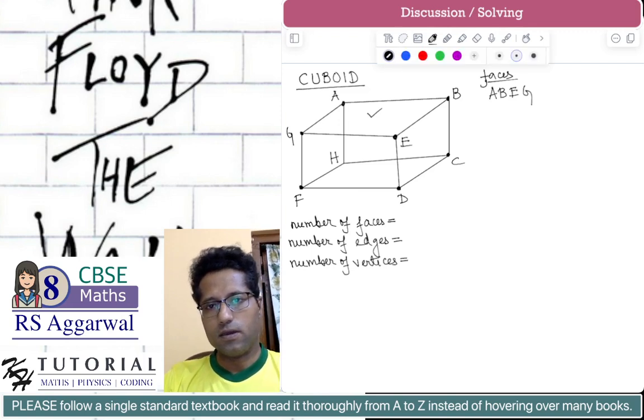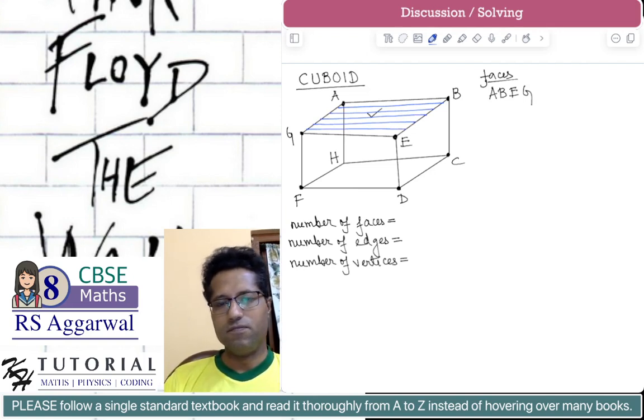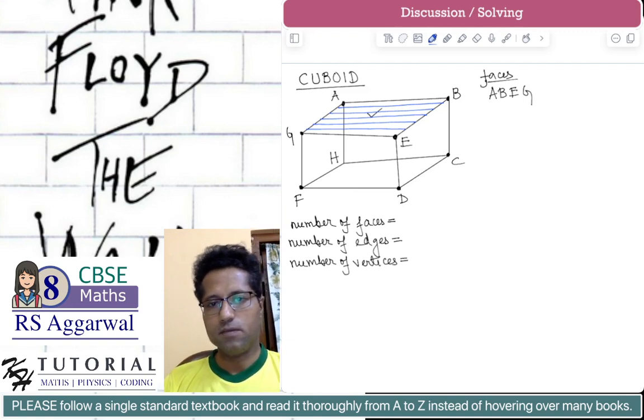Let me quickly highlight the face. This is the top face of the cuboid, the plain figure ABEG, which is basically a rectangle. So this is the face ABEG. What are the other faces?